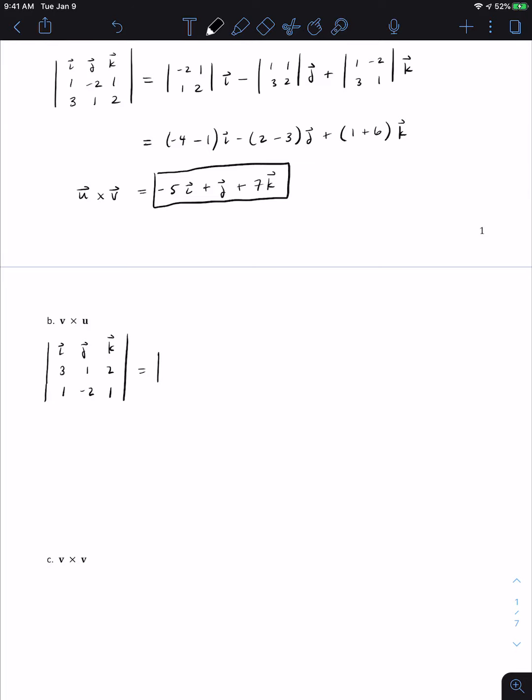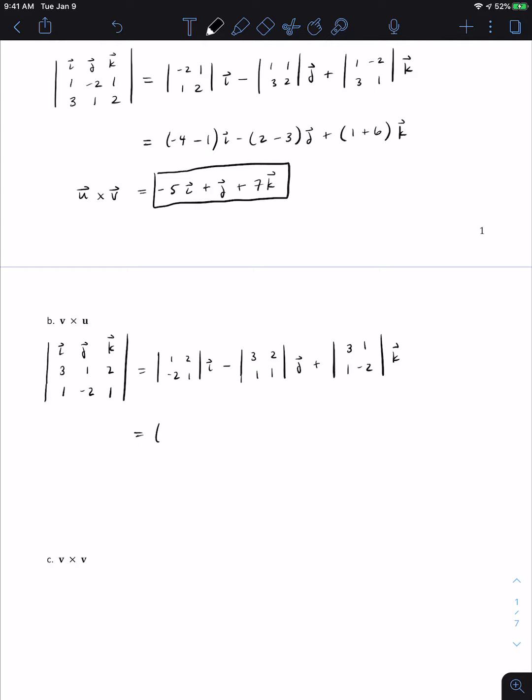So if I pretend the i doesn't exist, I'm left with 1, 2, negative 2, 1 times i, minus, now pretend the j row and column don't exist, so I'm left with 3, 2, 1, 1 times j, plus, now pretend k doesn't exist, so 3, 1, 1, negative 2, k hat.